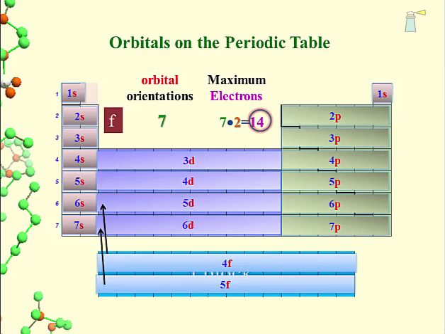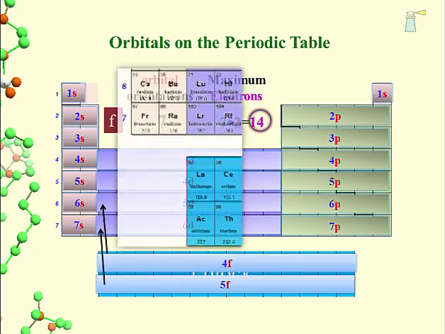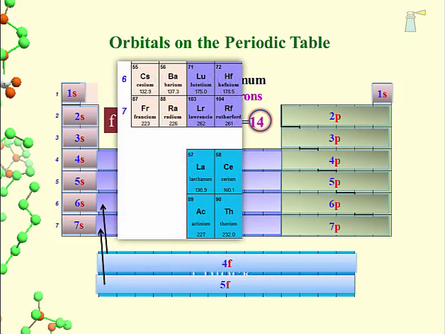Let's take a closer look at how the 4f subblock fits into the table. Take a peek at your periodic table. Follow the atomic number of cesium and barium in the 6s subblock, 55, 56. But to get to atomic number 57, one has to go down to the start of the 4f subblock for lanthanum.